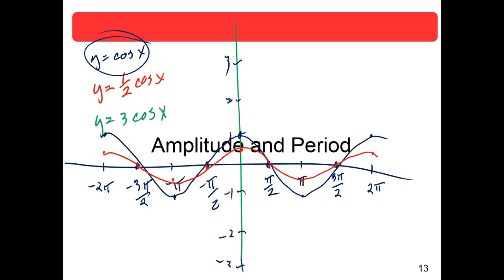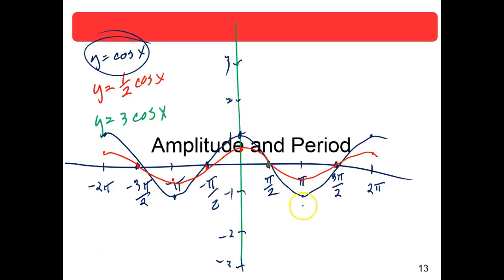Okay? What about that green curve? What's going on there? Amplitude is 3. So now where is it starting? Up at plus 3. It still goes through 0 because 3 times 0 is still 0.